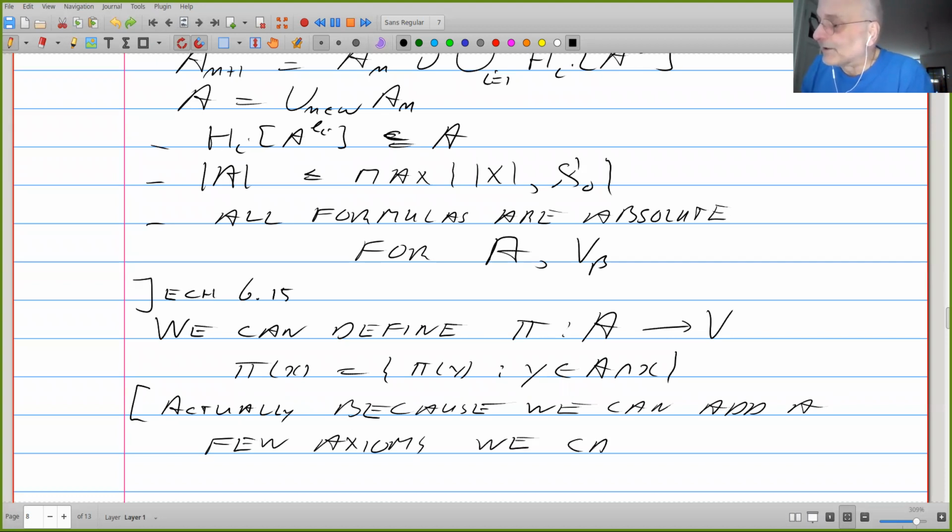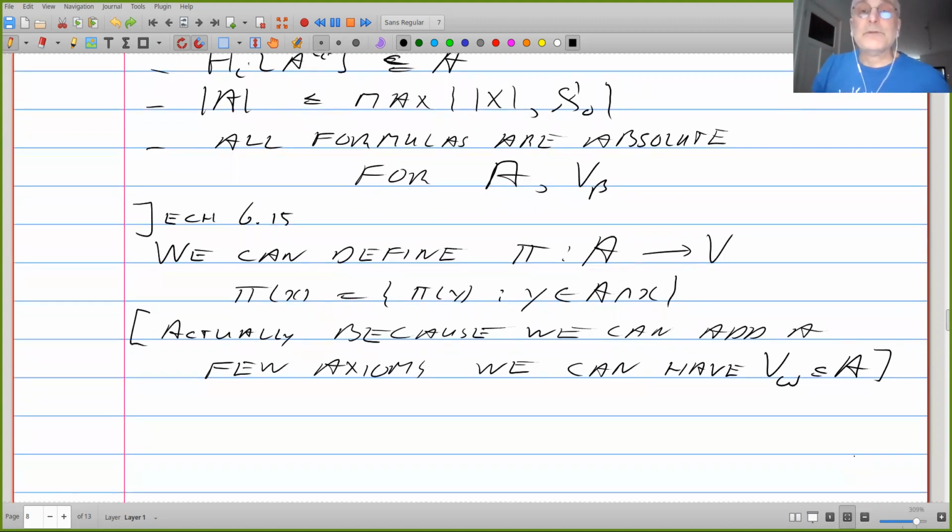We can simply have V omega be a subset of A. And if we do that, then at least the bottom part of A is quite nice. It is V omega.